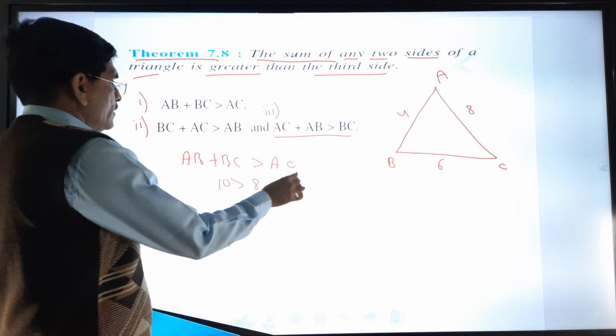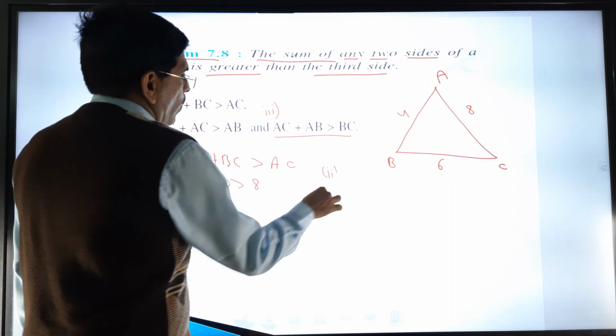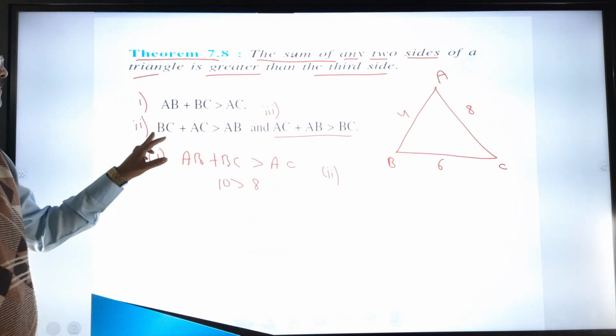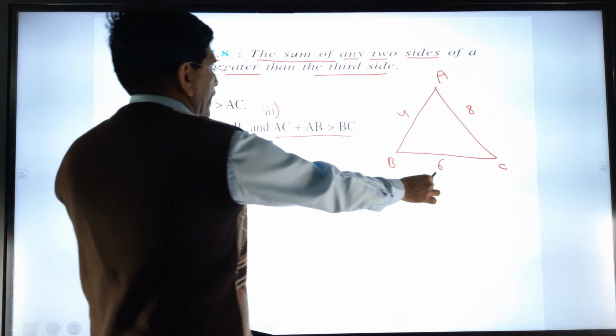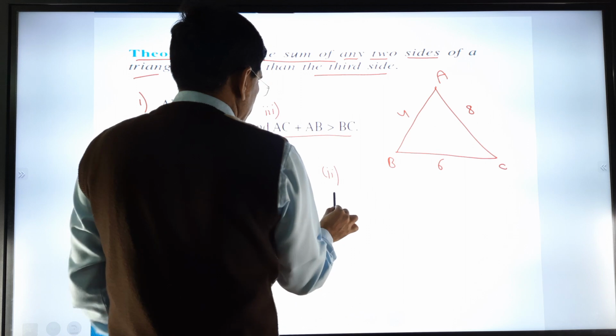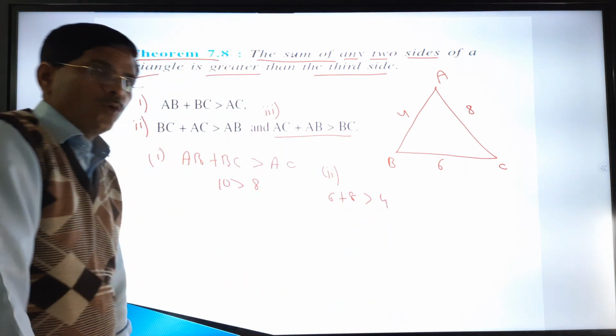Same way, in second, we say that BC and AC, that is 6 plus 8, is greater than 4.